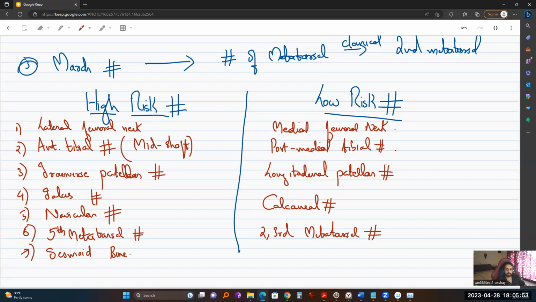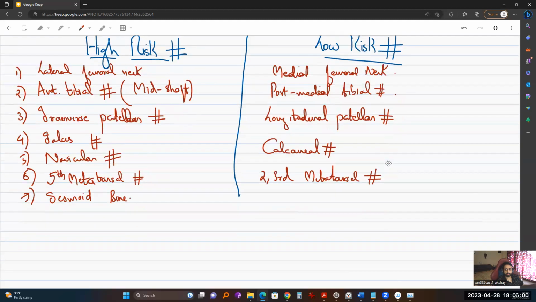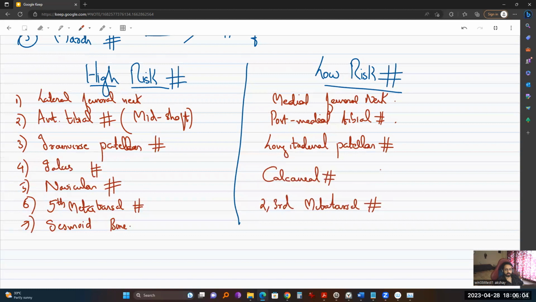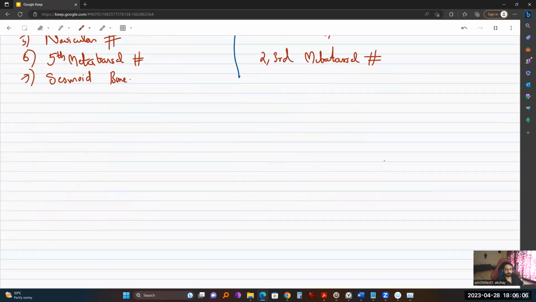So these are the high risk and low risk fractures. Now we know the reason why high risk and low risk fractures happen in the body.